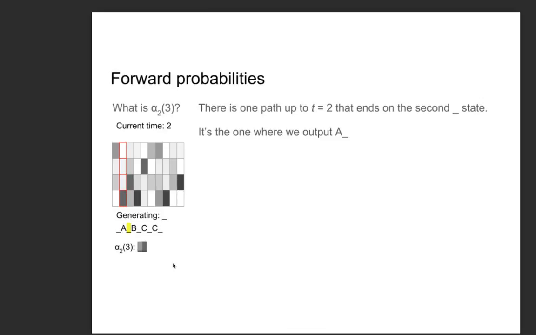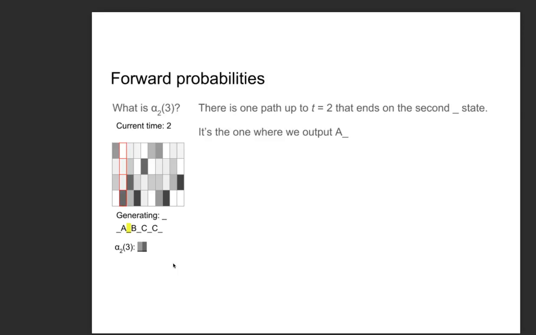Okay. And then here's alpha sub 2 of 3. That means we have to have ended on the state with the second blank. At this point, the previous time step must have been the A, because if we were in the first blank state at time step number 1, and then jumped over to the second blank state at time step number 2, we would have skipped the A in the middle, which is not allowed in the list of transition rules that we've set out for this system.